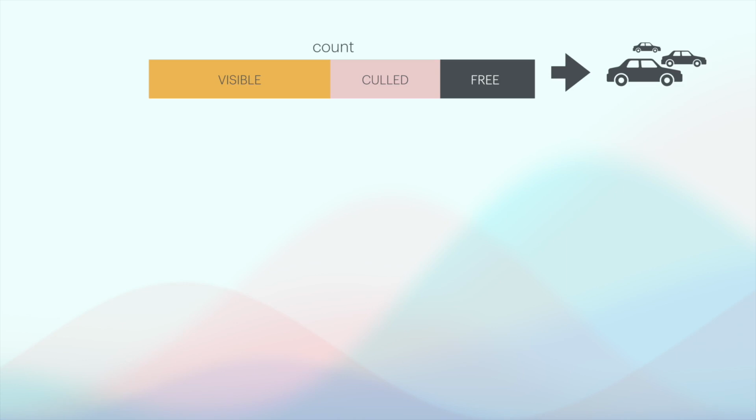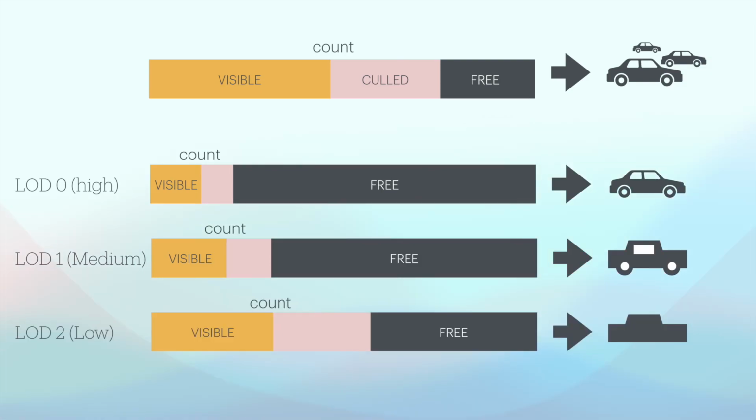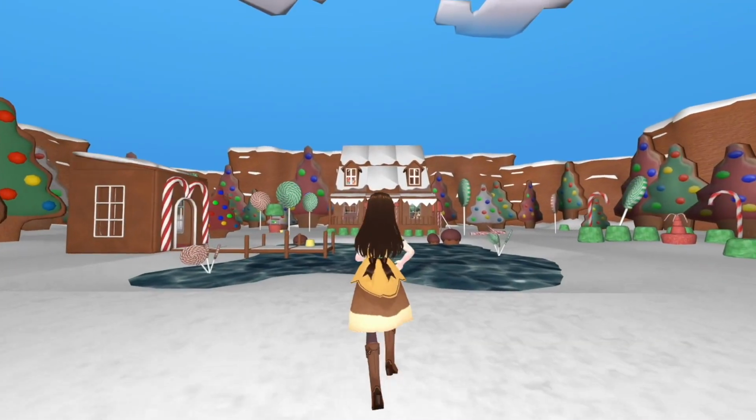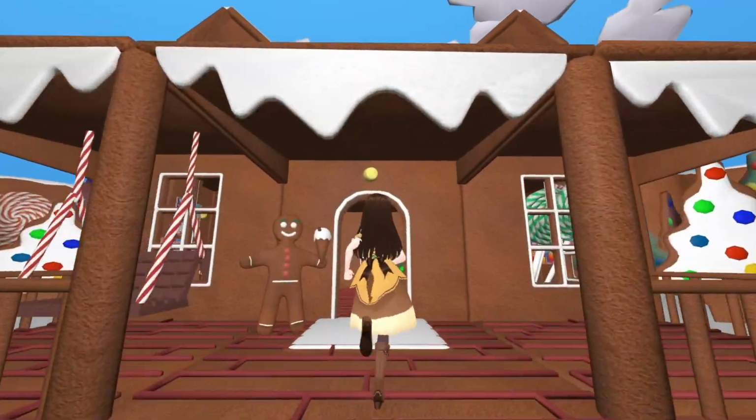Instead of using a single instanced mesh, I create one for each mesh level of detail. Using a technique similar to the method I used for the view frustum culling, I move the instances between the separate instanced meshes depending on the model's distance from the camera. This, combined with the view frustum culling, almost doubled my frame rate.